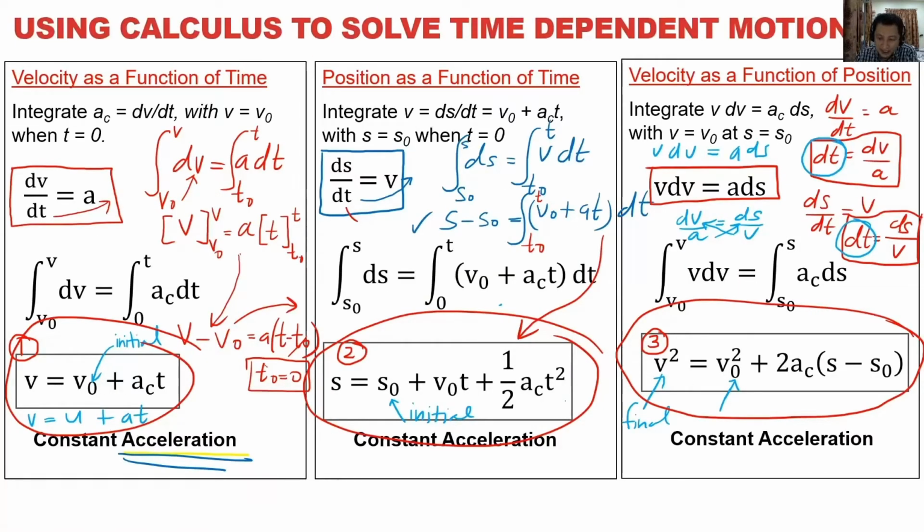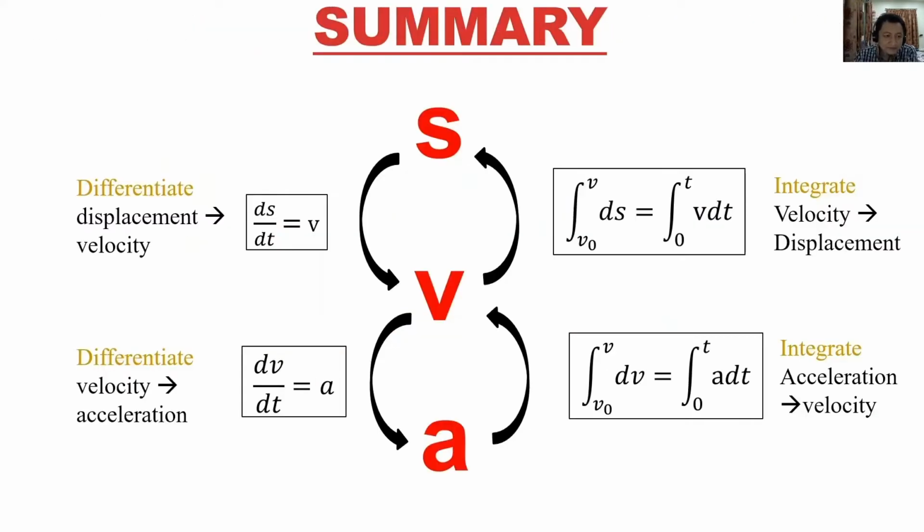Or you just look at the last page where all the formulas are given to you. Okay, so as a summary, you have displacement. If you want to find velocity, you can differentiate displacement, and you're going to get velocity. If you differentiate again, you're going to get acceleration.